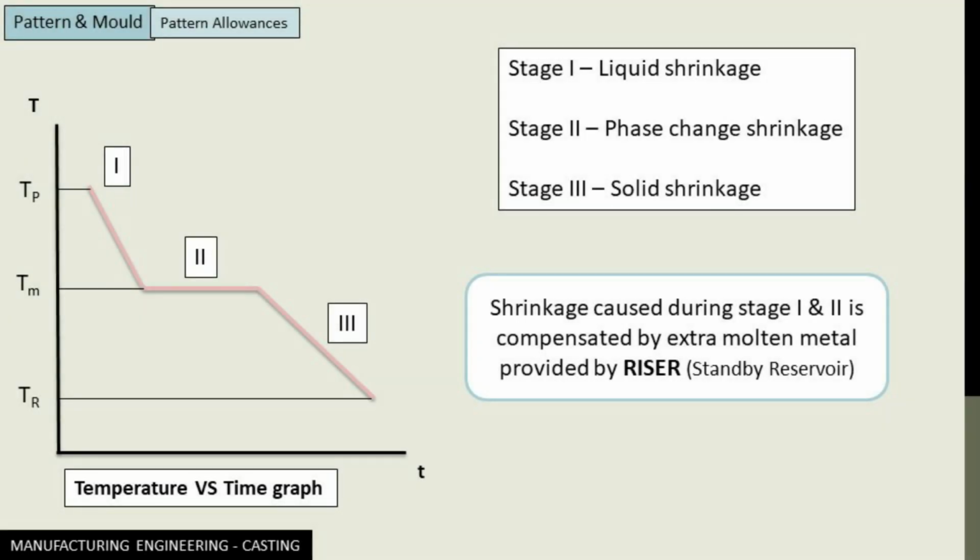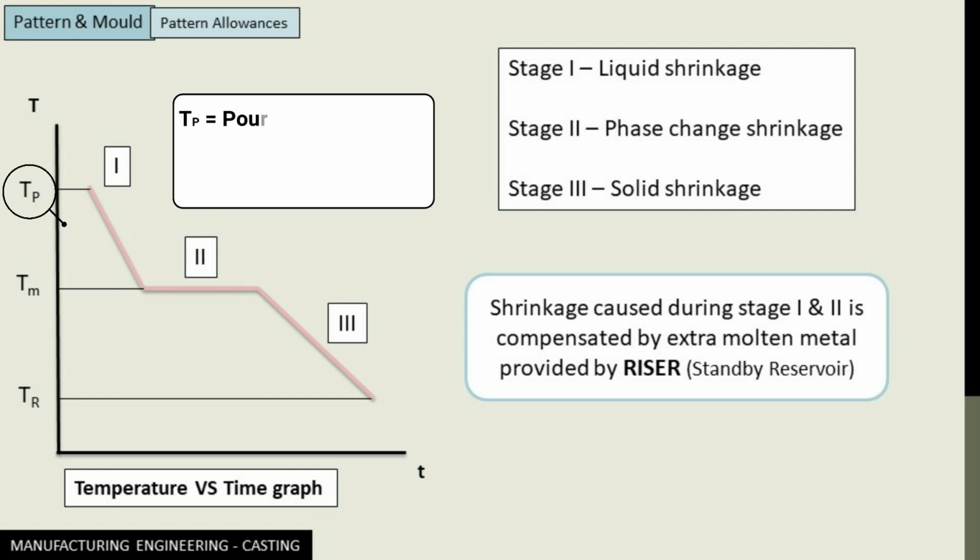Now let's understand this pattern allowance, the shrinkage allowance, in greater detail. For that, we have a graphical representation here. A temperature versus time graph is being made. The T suffix P here is nothing but the pouring temperature, that is, the temperature at which the molten metal is poured.